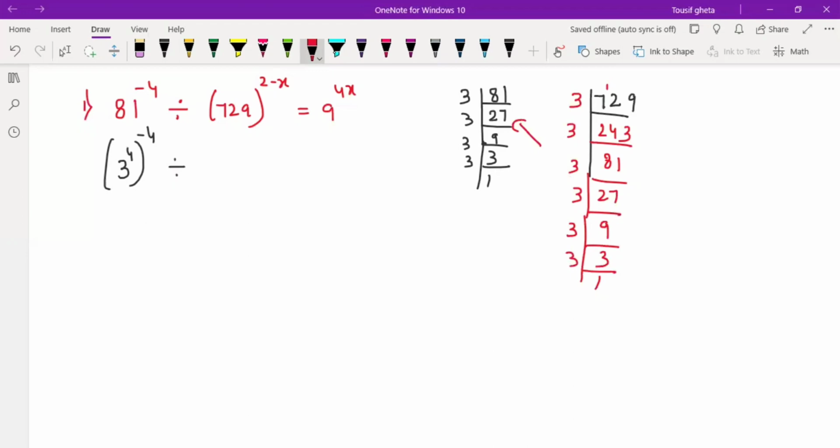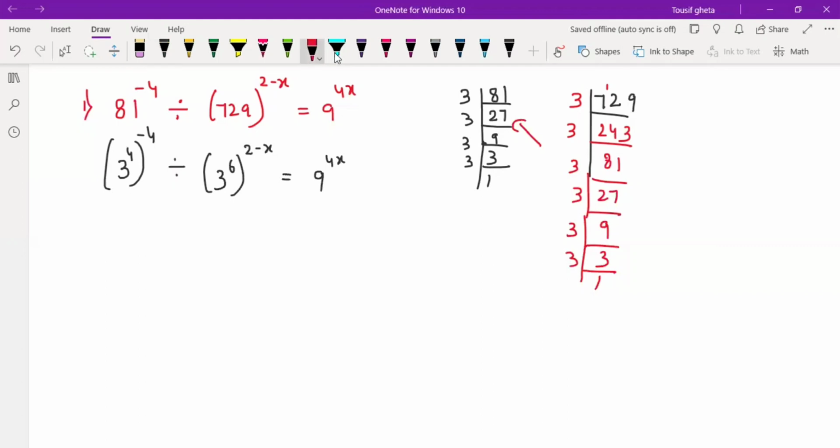So in the place of 729, we are going to write 3 to the power of 6 and whole to the power of 2 minus x is equal to 9 to the power of 4x.